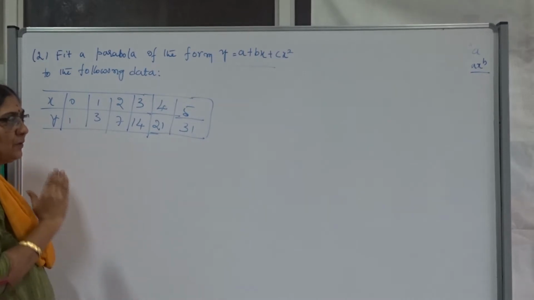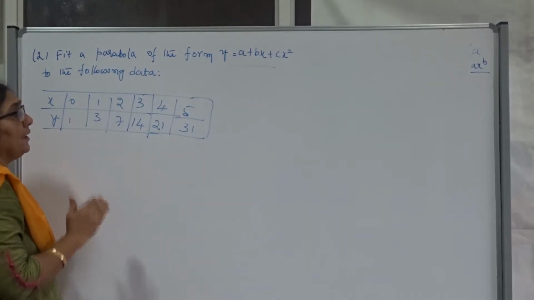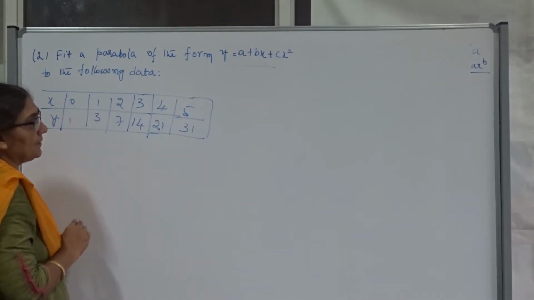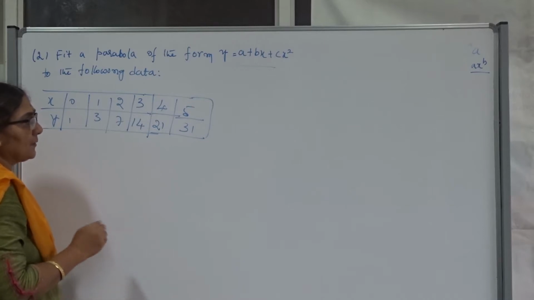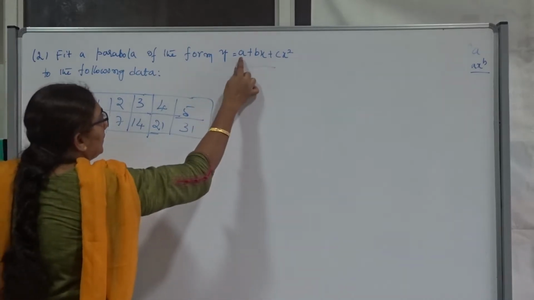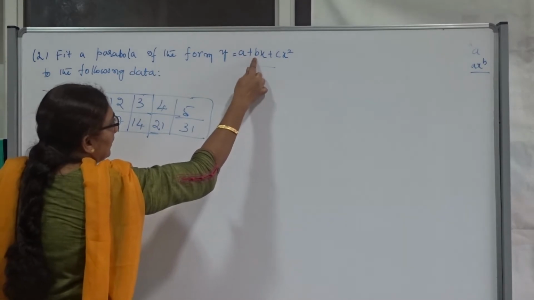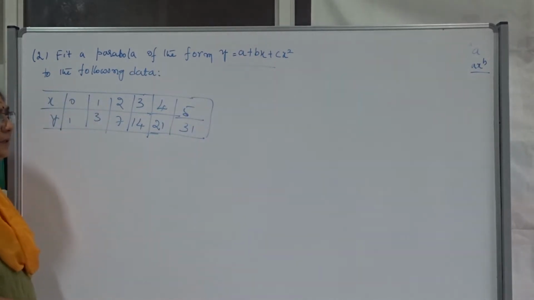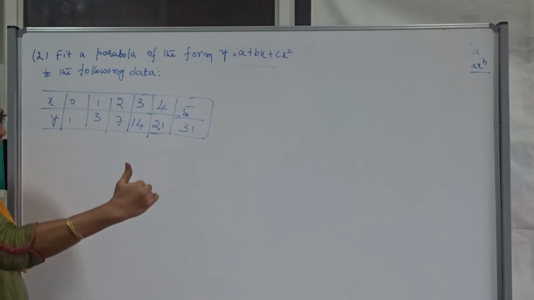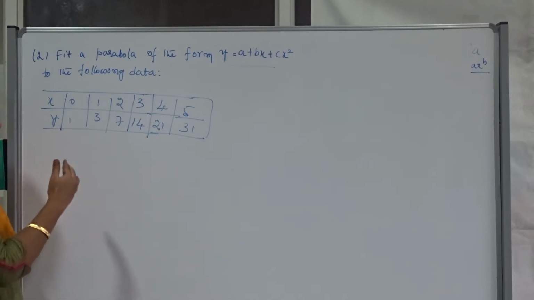Suppose they have not given it, first you write the general equation of the parabola, which is a plus bx plus cx square. Otherwise you can write ax square plus bx plus c also. Both must be the same. Here I have written it in increasing order of the power of x. You can also write it in decreasing order.